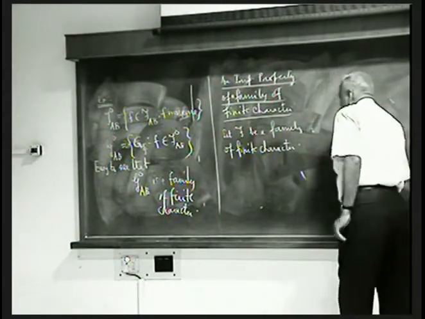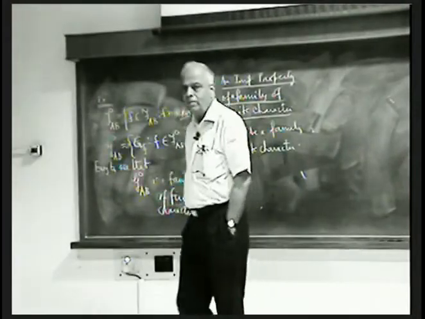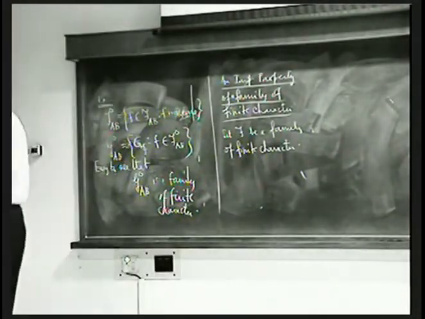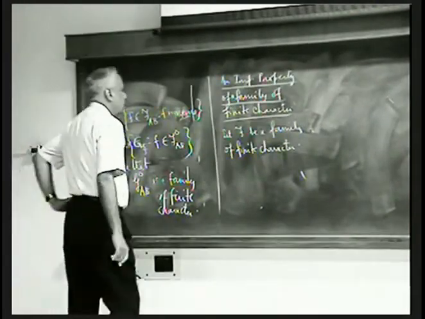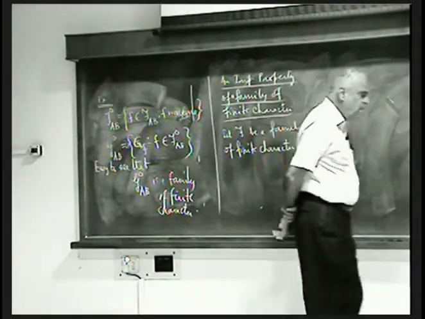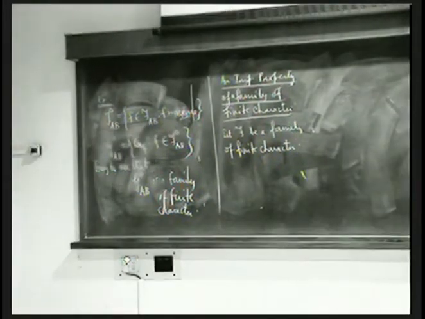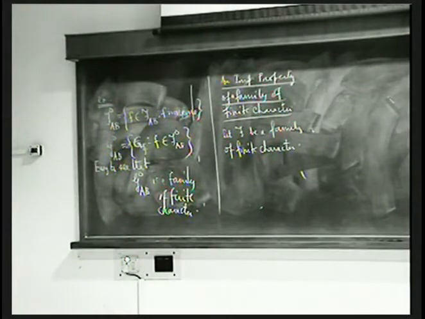And first of all, it's a family of sets. Whenever you have a collection of sets, you can always impose a standard partial order on that. What is the standard partial order? Subset or equal.